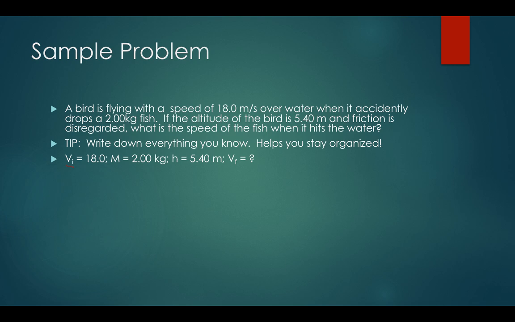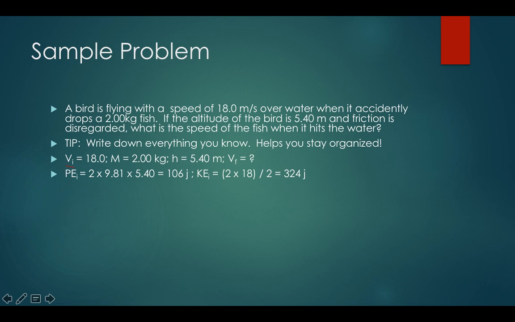So what can I do here? Well, the first thing I can do is find the potential energy at the very beginning. The beginning potential energy is the mass, times gravity, times the height. So my potential energy is going to be 106 joules.